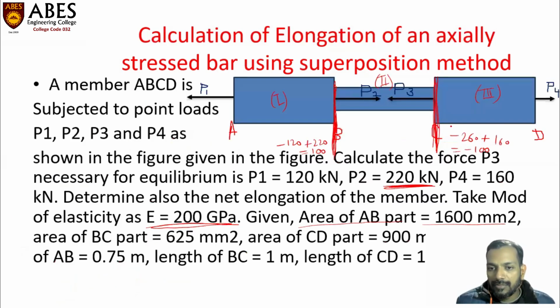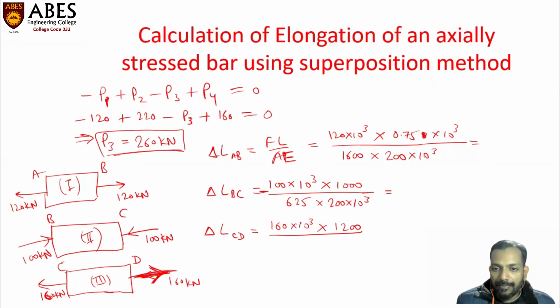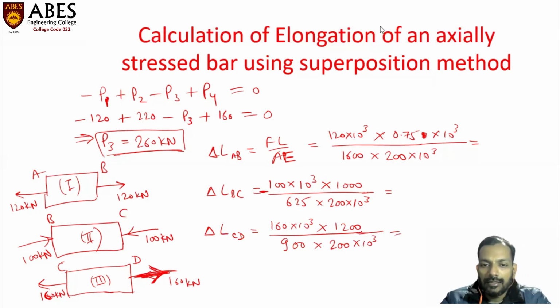What is the area of this part? Area of CD part is 900 millimeter square, multiplied by E, 200 into 10 raised to the power 3 megapascal. In this way, we can calculate these three different elongations or contractions of these three segments of the bar.